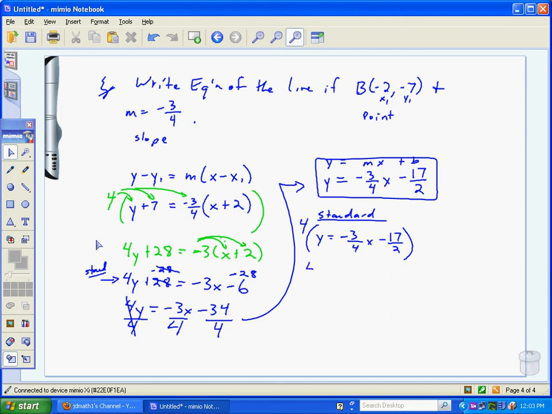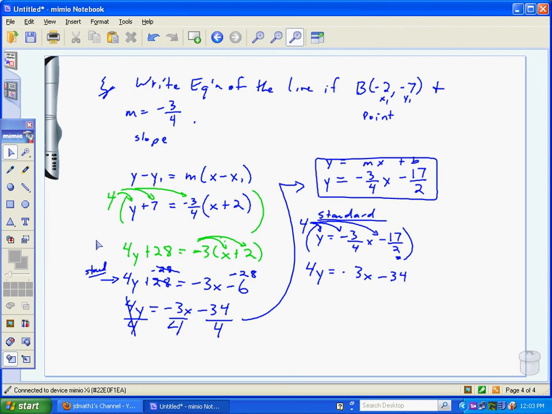So 4y equals, and of course when I do this, the 4's just cancel. I'm left with -3x. When I multiply it in here, the 4 divided by the 2 is 2. And 2 times -17 is -34, like so.